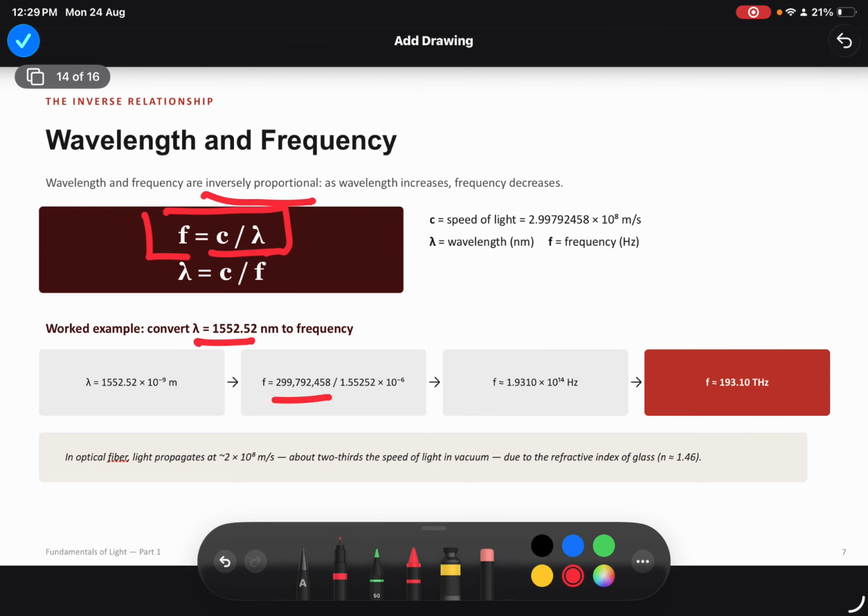If you divide by 1552 nanometers, you will get around 1.93 times 10 to the 14 hertz. Now if you convert it into terahertz, it's 193 terahertz. Here the refractive index of the glass is also considered, that is 1.46.